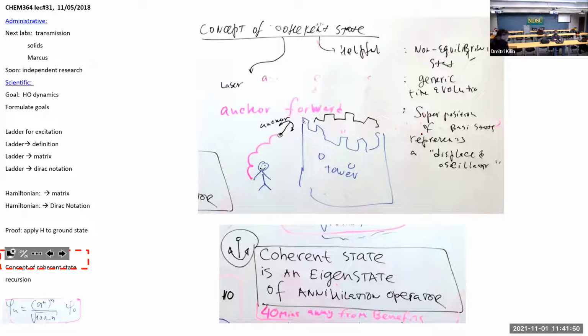Okay, so a little heads up about what will be in the academic part of the lectures. I will give some motivation for why we need the dynamics of the harmonic oscillator.